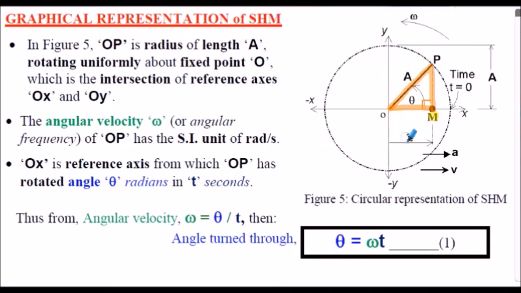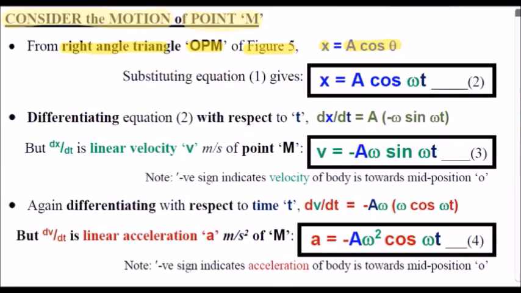So in other words, dimension x, distance from the midpoint to M, is A cos theta, and that's from basic trig, knowing that cos theta is the adjacent side divided by the hypotenuse. So that's A cos theta in this case.